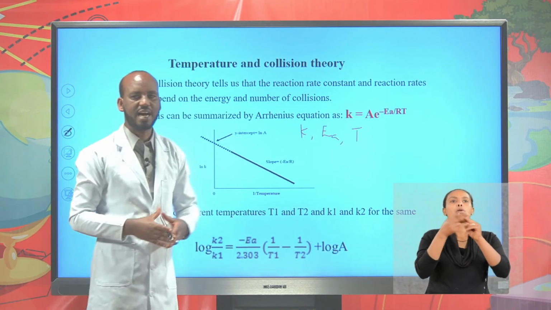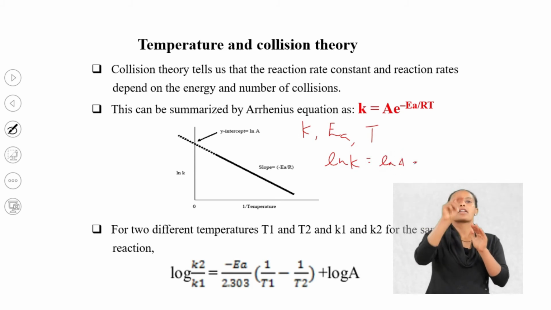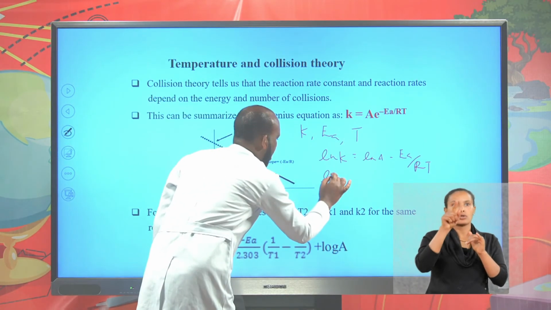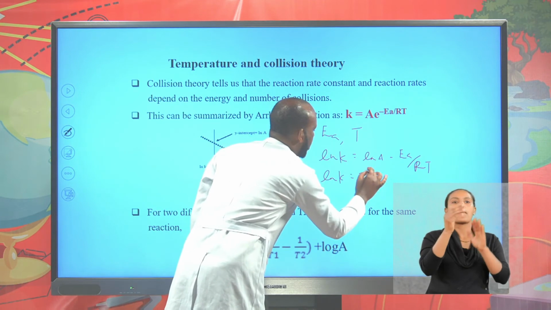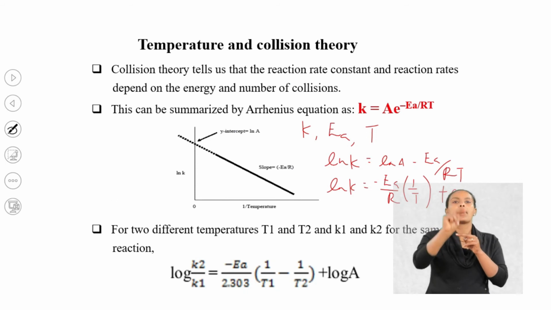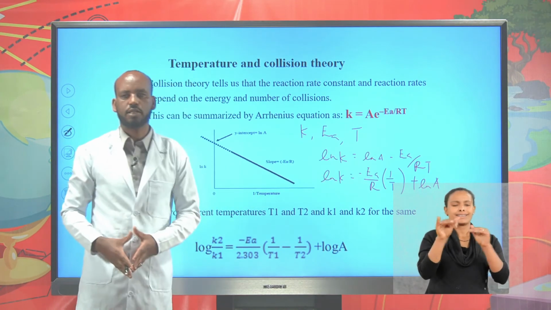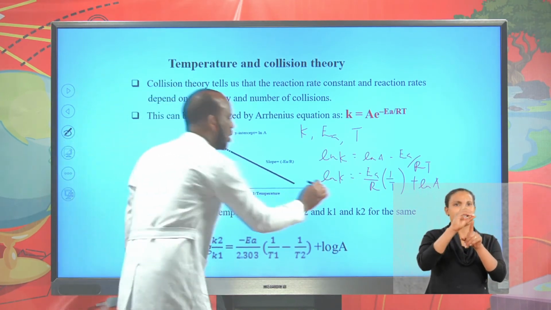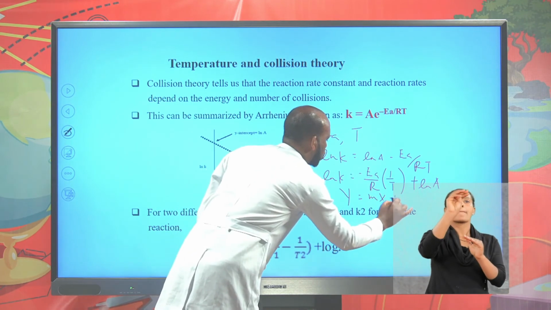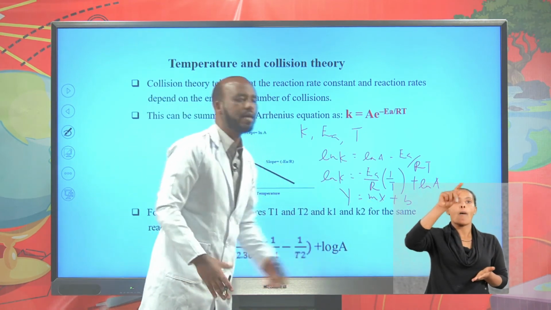Now taking the natural logarithm on both sides, this becomes ln K equals ln A minus Ea divided by RT. We can write this as ln K equals minus Ea divided by R times 1 over T plus ln A. This equation is similar to the equation of a straight line, which is y equals mx plus b, where m is the slope of the line and b is the y-intercept.